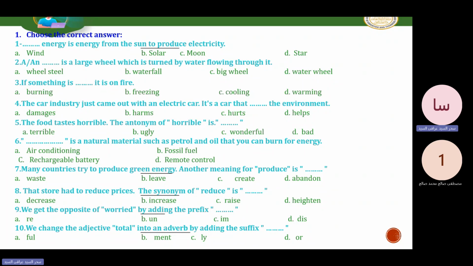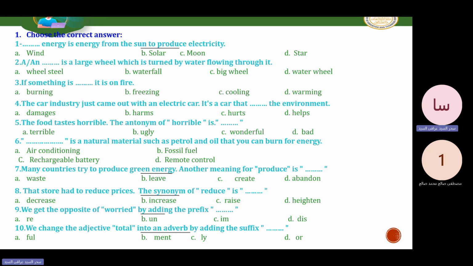Number six is a natural material such as petrol and oil that you can burn for energy: air conditioning, fossil fuels, remote control, or rechargeable batteries? Many countries try to produce green energy. Another meaning for produce is what? Waste, leave, create, or abandon. Number eight, that store had to reduce prices.